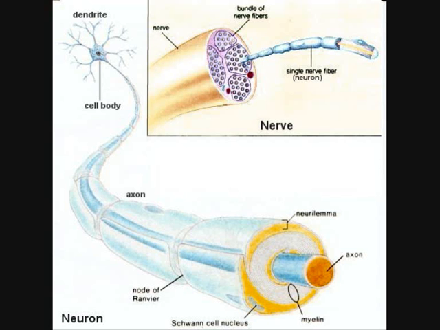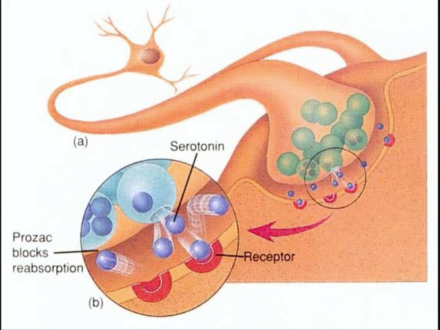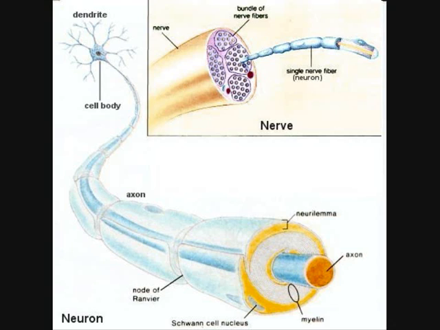This is a picture which shows the entire thing in clearer terms. This is one nerve ending, this is the other nerve ending, and this is the nerve impulse. The nerve impulse is transmitted into an electrical impulse here. Now the nerve impulse comes and triggers the release of the neurotransmitters into the synaptic gap.